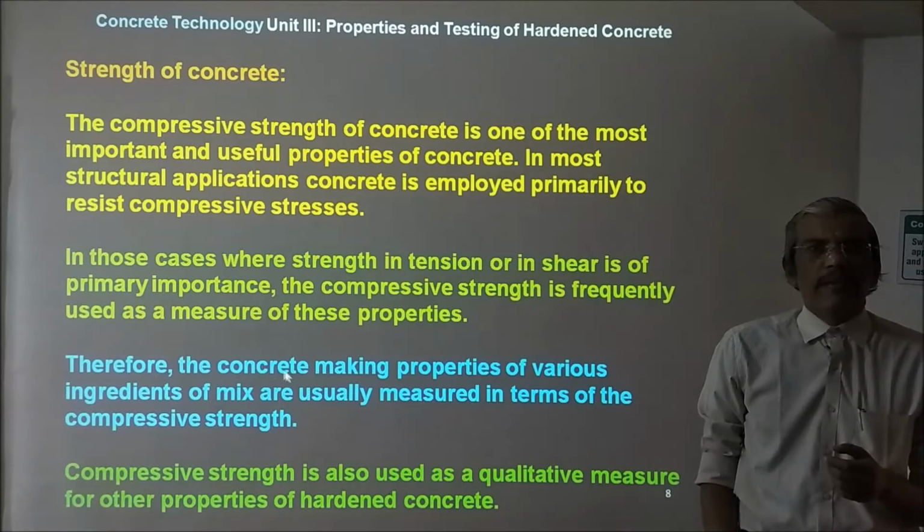Therefore, the concrete making properties of various ingredients of mix are usually measured in terms of the compressive strength. Compressive strength is also used as a qualitative measure for other properties of hardened concrete.